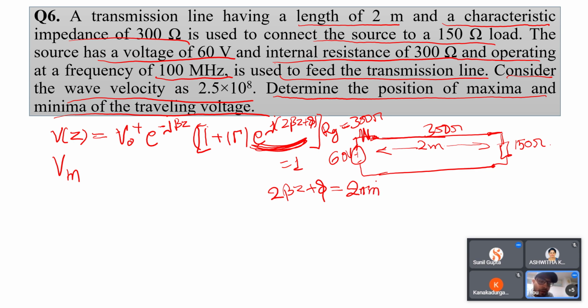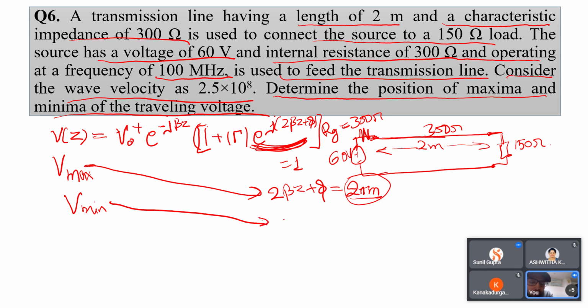So if you get an integer multiple of 2 pi, only then will you get the maximum voltage. Whereas for obtaining the minimum voltage, this phase term will be equal to minus 1.